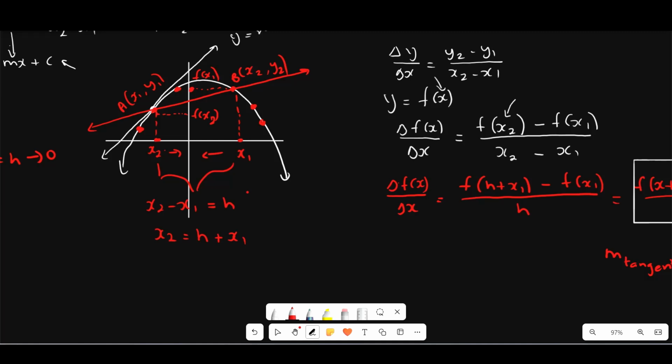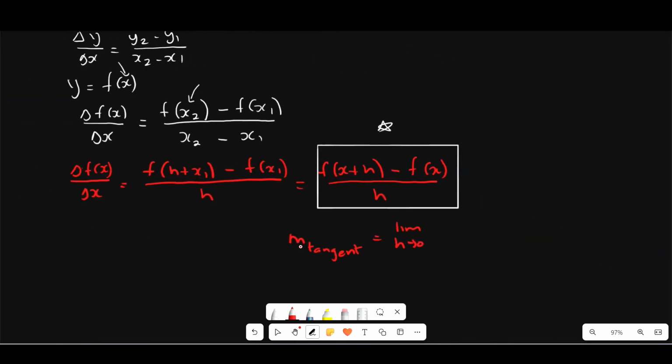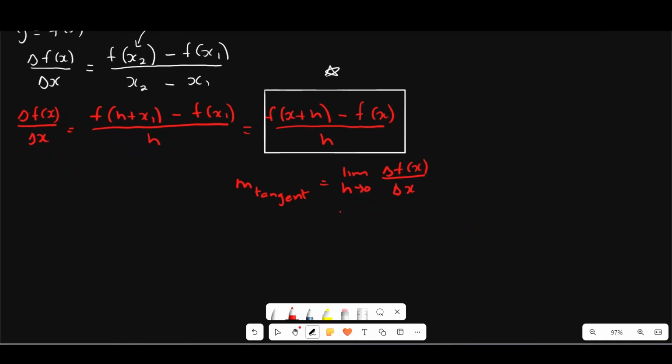So the gradient will be the limit as h approaches zero of the change in f over the change in x, which would be the limit as h approaches zero of the function f(x + h) minus f(x), all divided by h.